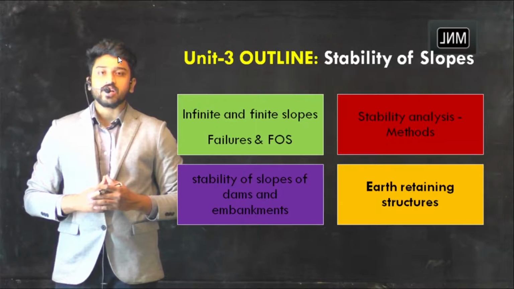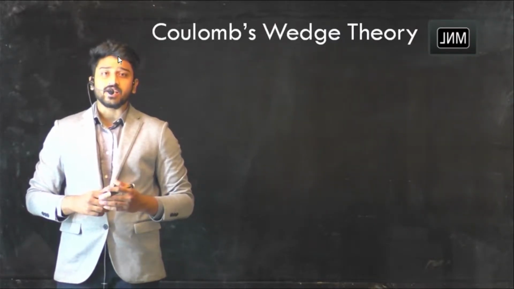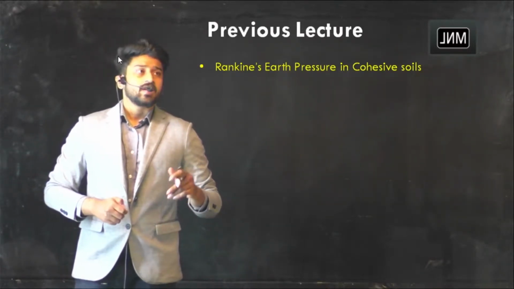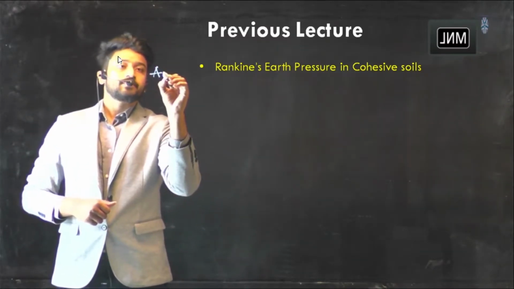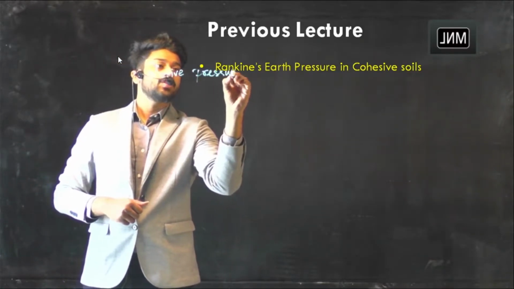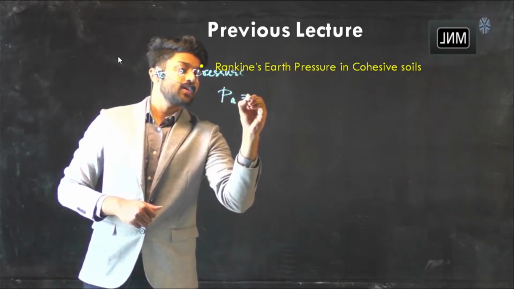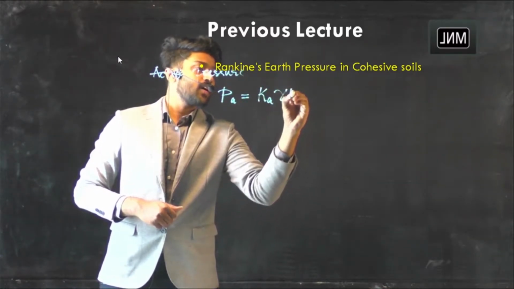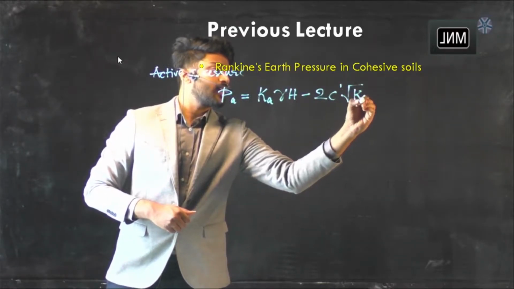Now let us look at the previous lecture. We discussed Rankine's theory for cohesive soils. In this case we determined the active pressure, where we obtained PA as Ka gamma h minus 2c dash root over Ka.